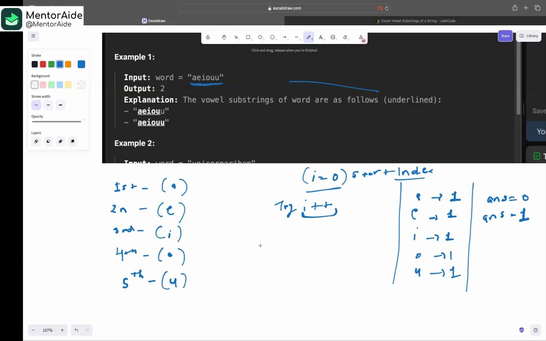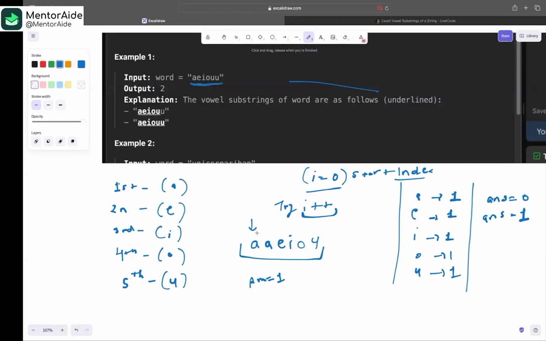Let's say, just for an example, the given string is something like this: A A E I O U. Whenever you reach the end, only then will you be able to find a substring. You will say ANS is equal to 1. But then your starting window is from here. Then you can try to see if I shrink the window, can I still achieve the same thing which we are looking to achieve?